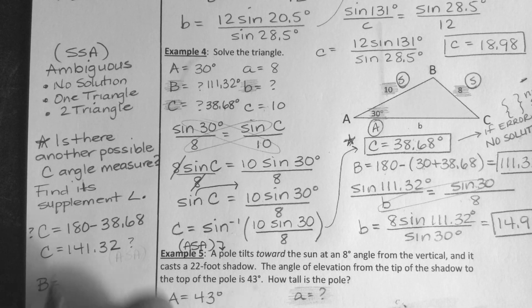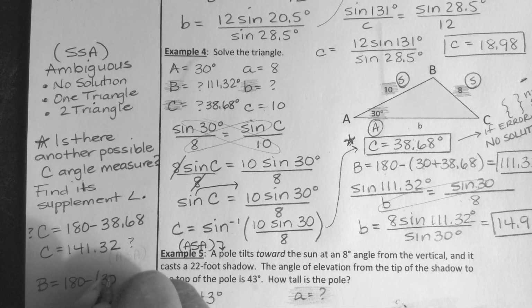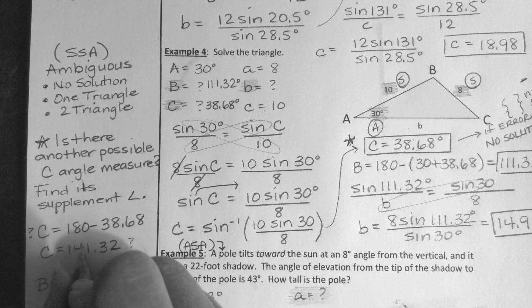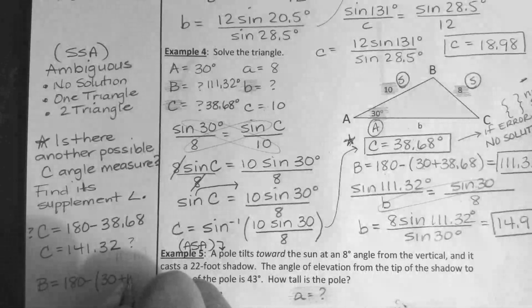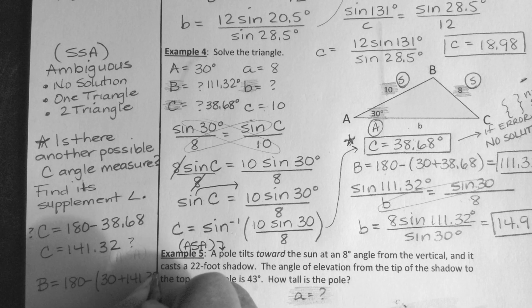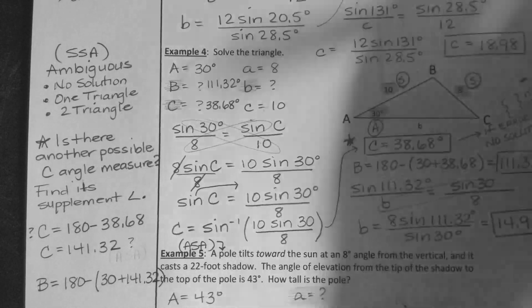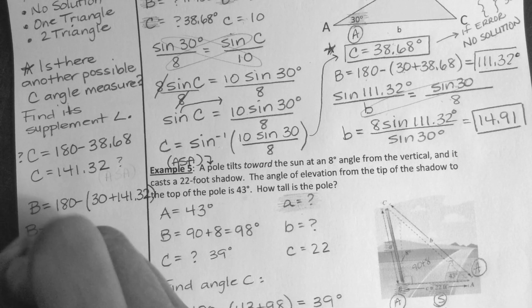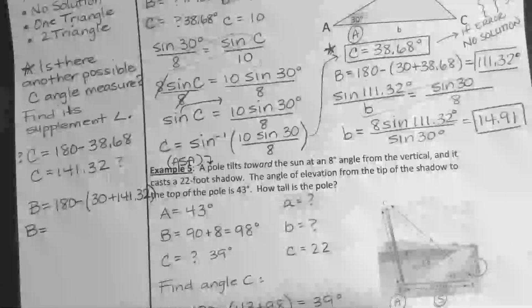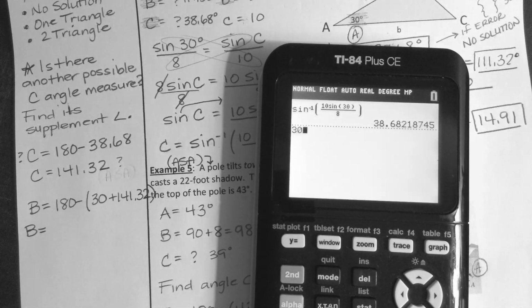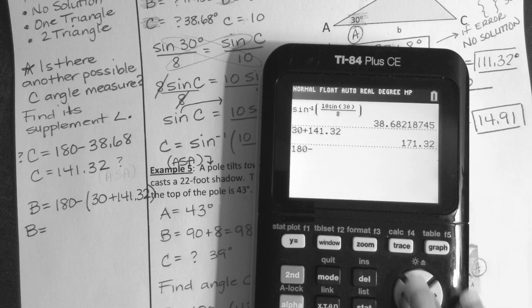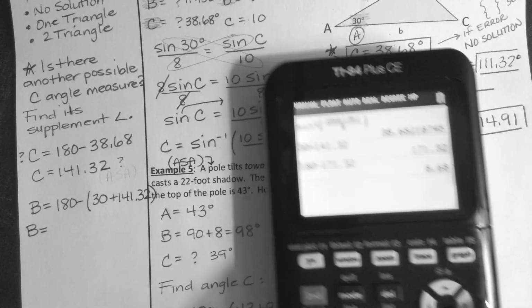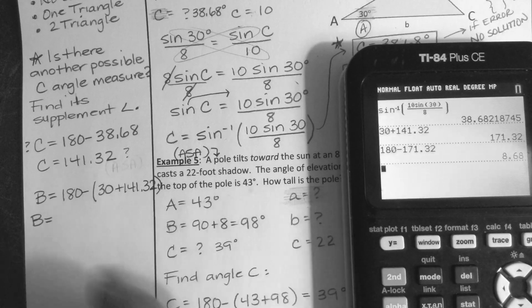So let's do 180 minus the 30 plus our new angle C, 141.32. And if we do that, hopefully we get an angle. If you add 30 plus 141.32 and subtract it from 180, the angle we get is a positive angle, so B does exist.